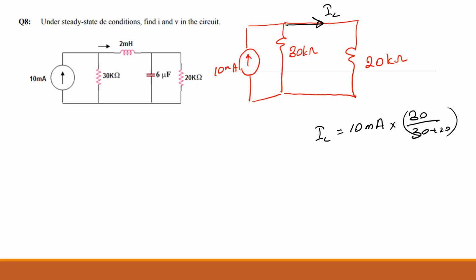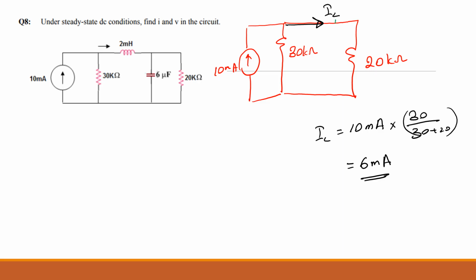So that will be 6 milliamps. Are we good? Is it 6? Okay, 50, yes, 50. Okay. Are we good?